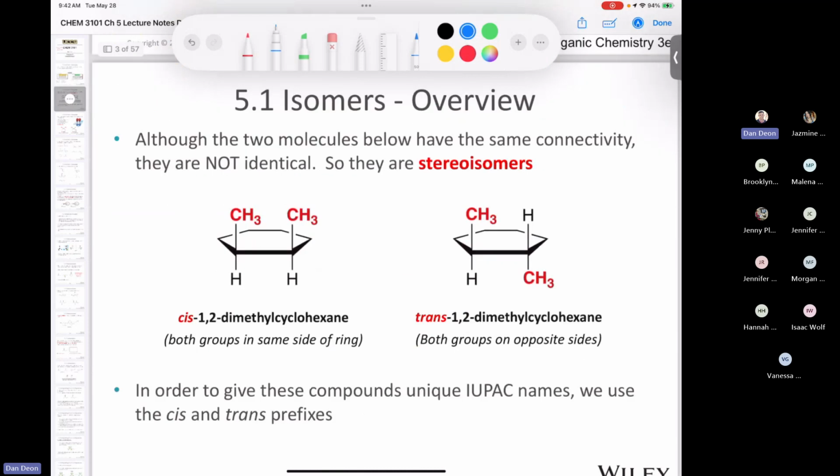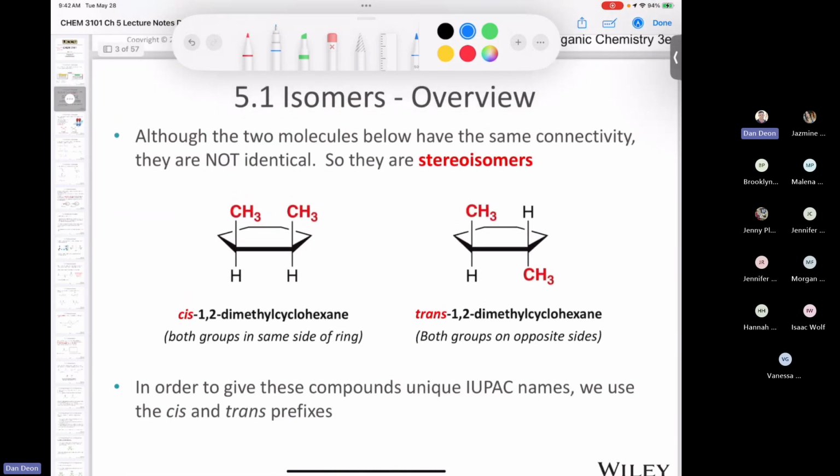So although the two molecules that you have shown here have the same connectivity, they are not identical, right? If you look at both of these compounds, they both are a 6-membered ring, a cyclohexane, and then we have 2 methyl groups on them, CH3, CH3, right? They have the same connectivity. However, the arrangement of the methyl groups or the atoms in space is different. And so we say that they are stereoisomers, right?